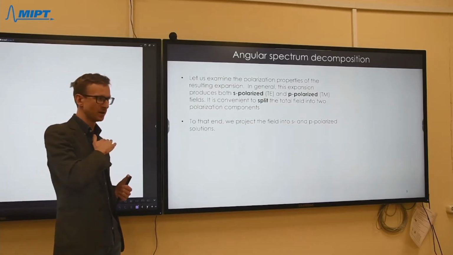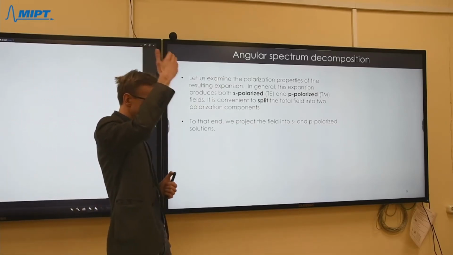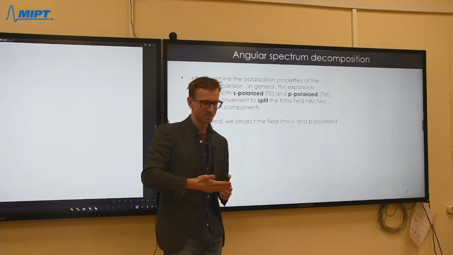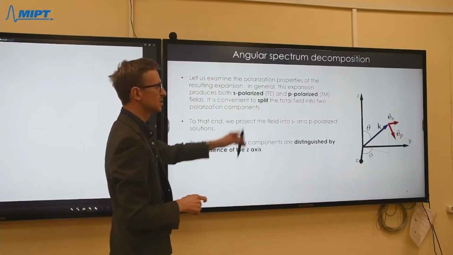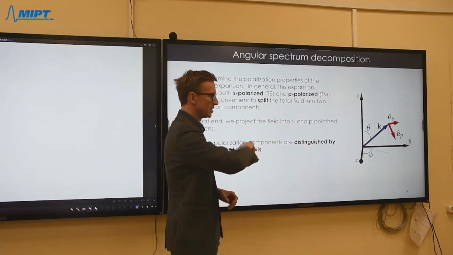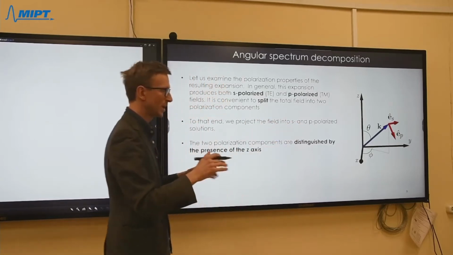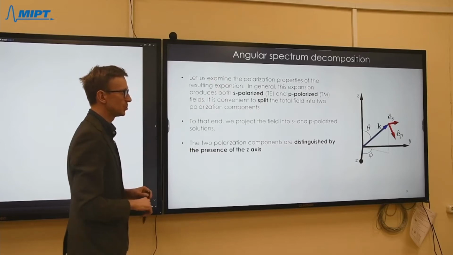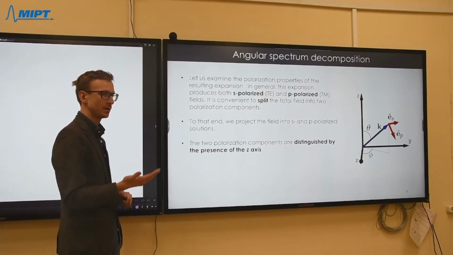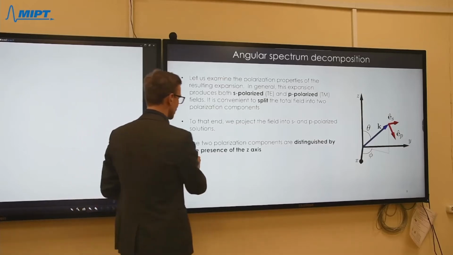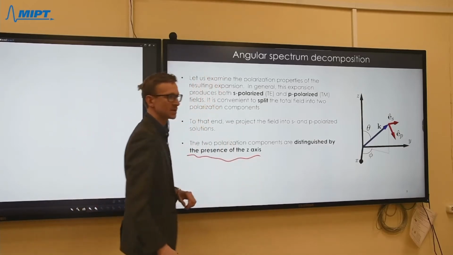You need either an interface, or a certain axis, or the incidence plane. And we do have such a plane because we have the z-axis and the z equals 0 plane. So we can easily introduce two orthogonal polarizations, and they will be distinguished by the presence of the z-axis in our problem.